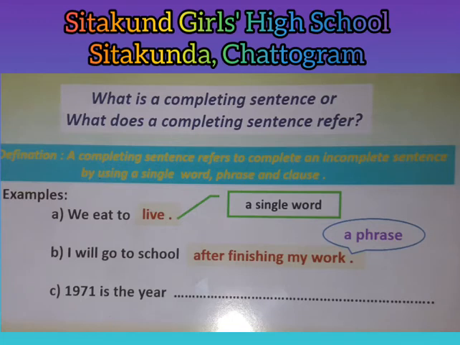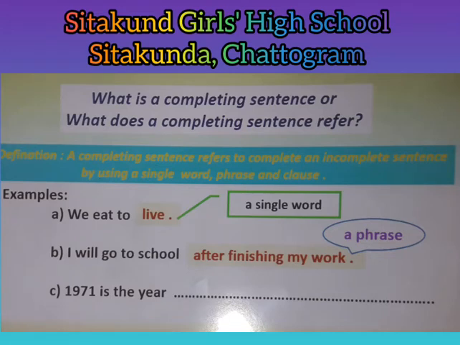And number C, 1971 is the year. This sentence is incomplete, so you have to complete it by using a clause. Year is a time actually, it refers to a time.